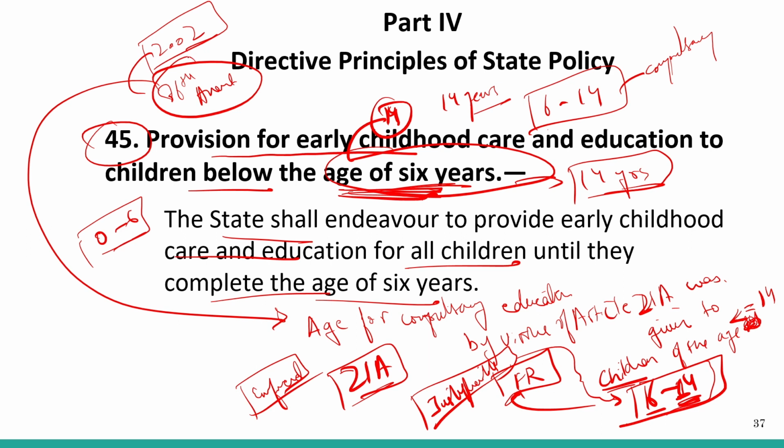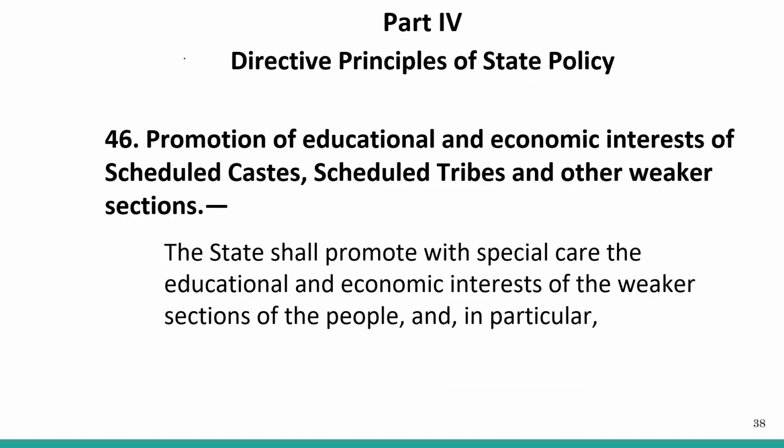Now it is talking about the promotion of education and economic interests of Scheduled Castes and Scheduled Tribes. This is under Article 46. Perhaps not a very important article, but there are certain amendments that were brought about by this article that you need to remember. The 65th Amendment brought about the SC and ST Commission.